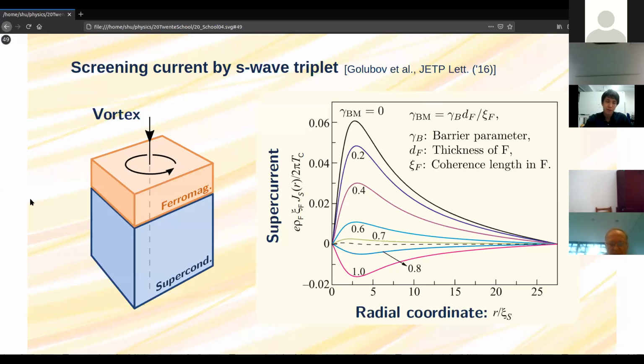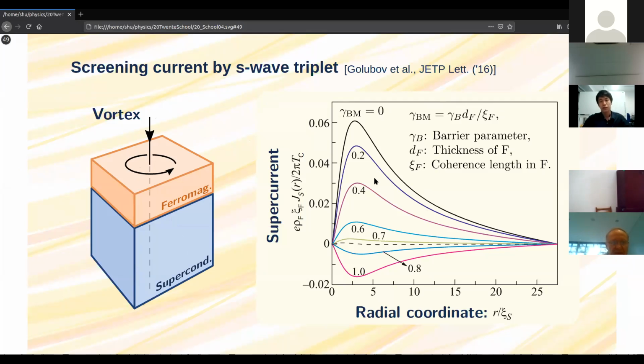response. And this is the theoretical work by Sasha Golubov. They consider this kind of system, an SF junction with a vortex. If there is a vortex, the screening current has to flow around the vortex.